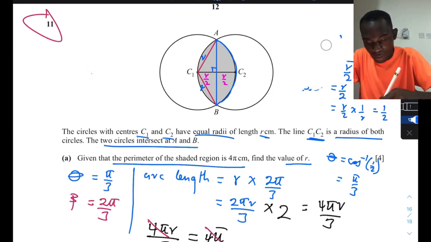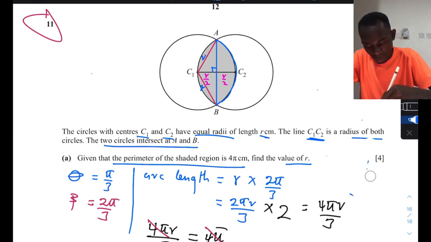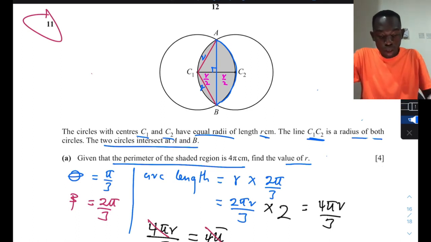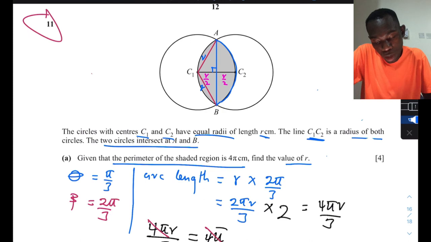You want the shaded region. How do you go about that? We have a lot of sectors here, and we can find the area of the sector, the area of the triangle, and subtract, and then multiply by 2.